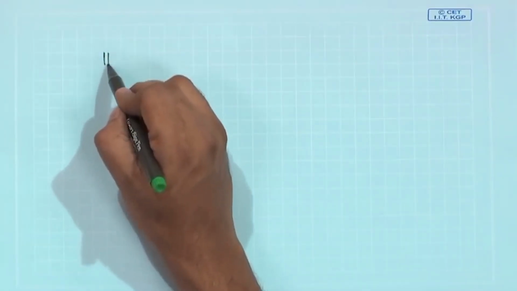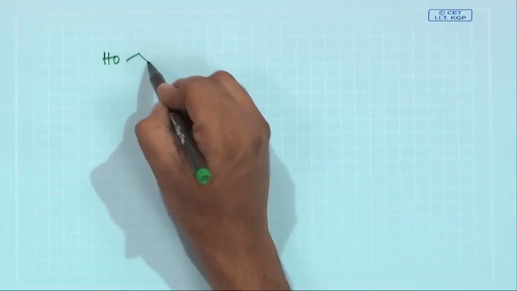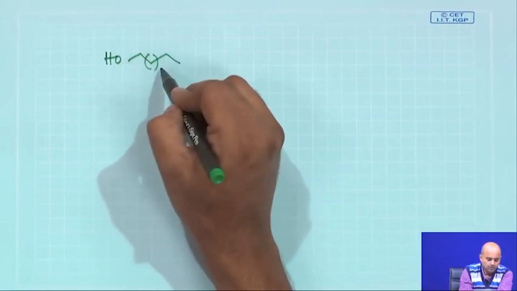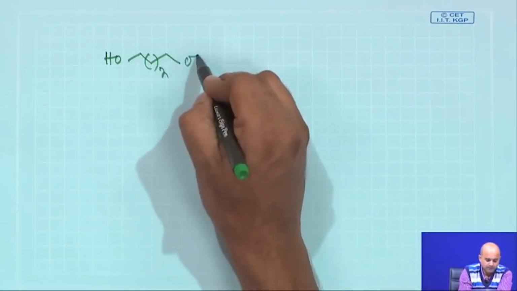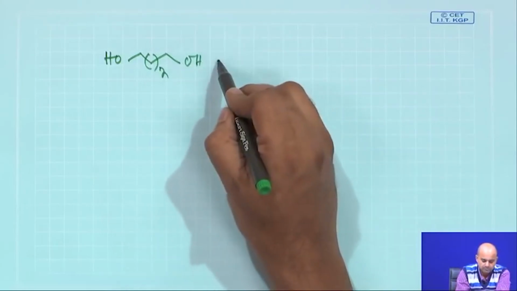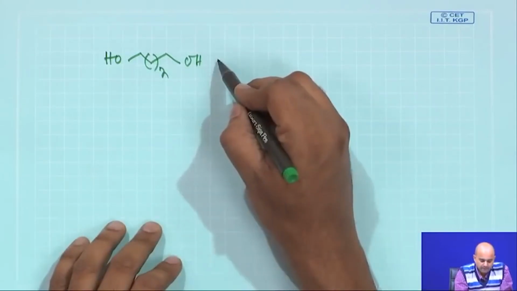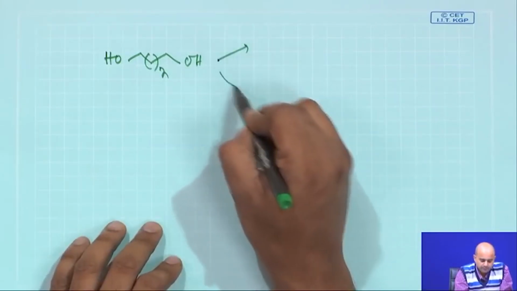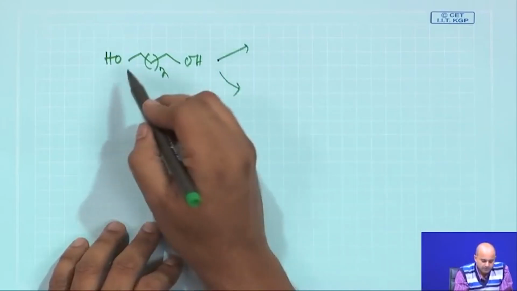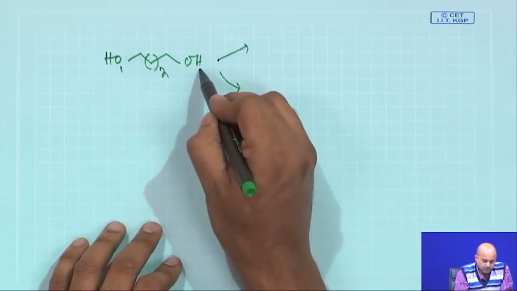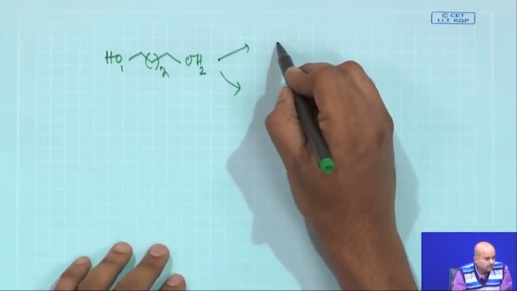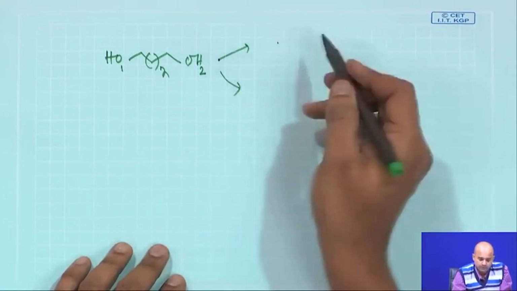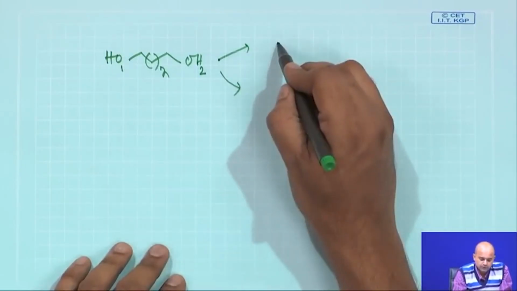Now, next I will try to give you a very simple diol problem. Say you are having this diol, OH1 and OH2. Now, there are different ways you can do this reaction.